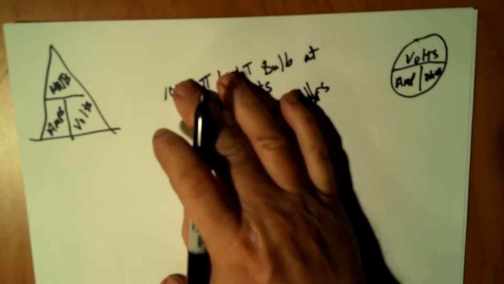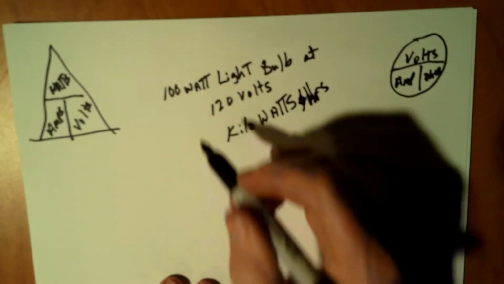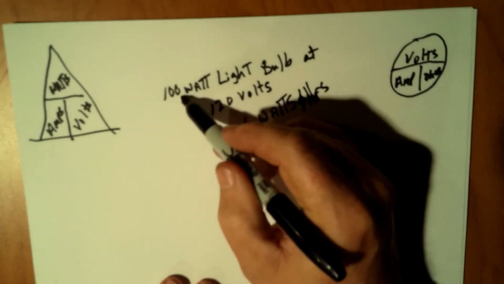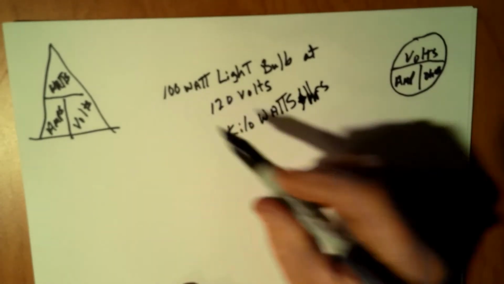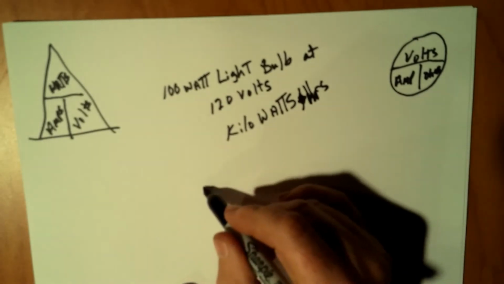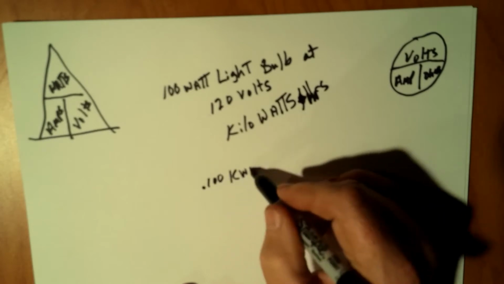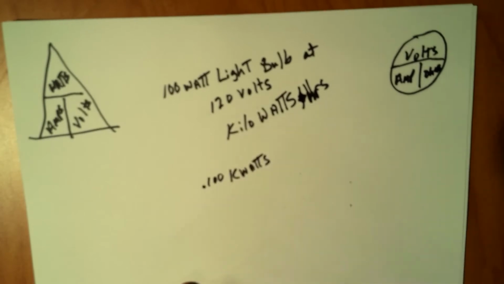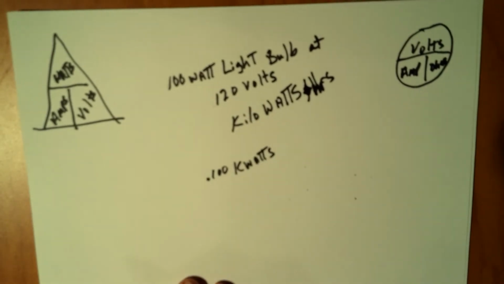A 100-watt light bulb is not 1,000 watts, but if we move the decimal point 3 places, because there are 3 zeros in 1,000, that would be 0.100 kilowatts. Does that make sense? I just divided that by 1,000.